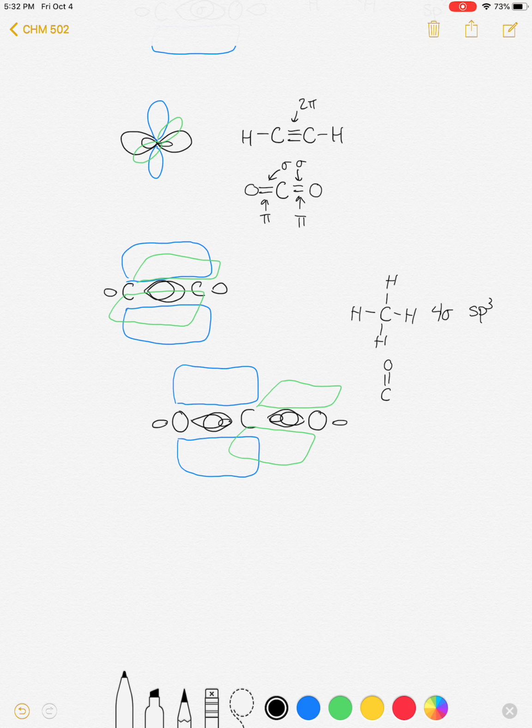Whereas our formaldehyde has 1 double bond, so it has 3 sigma bonds and 1 pi bond, and is sp2 hybridized. Whereas our acetylene has 2 sigma bonds and 2 pi bonds, so it's sp hybridized. So I hope that helps you sort of visualize what's going on with hybridization.